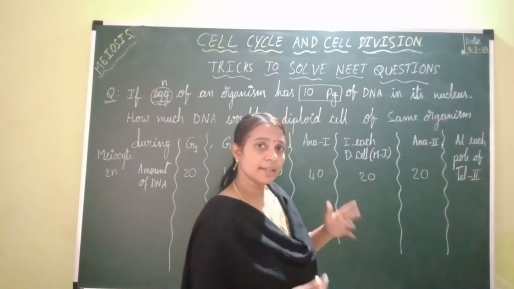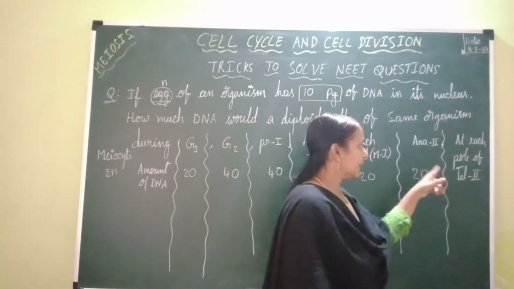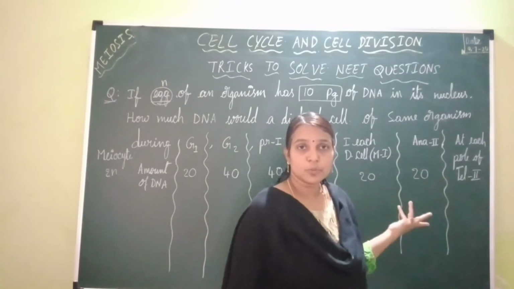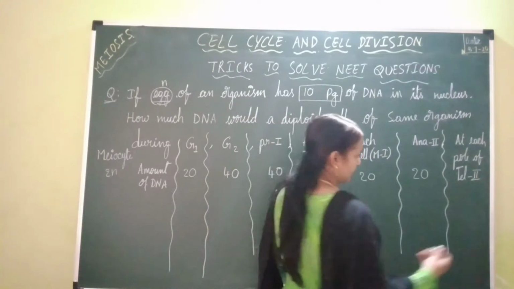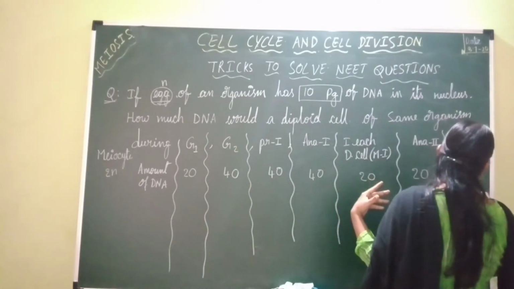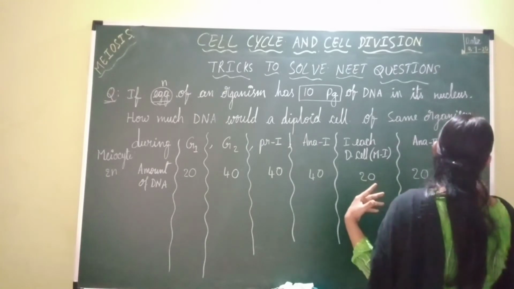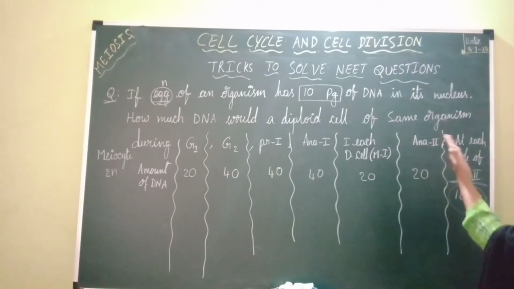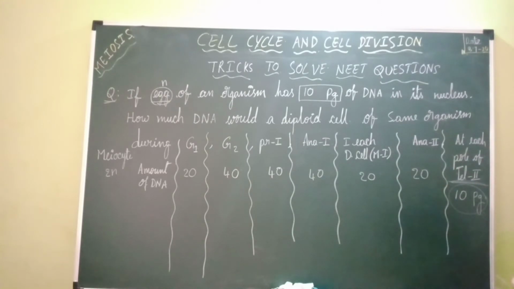At each pole of telophase 2, the same as each pole of anaphase 2, that is 10 pg. Each pole of telophase 2 becomes a daughter cell. So each daughter cell has 10 pg. That daughter cell is nothing but the gamete, the egg, with 10 pg of DNA.